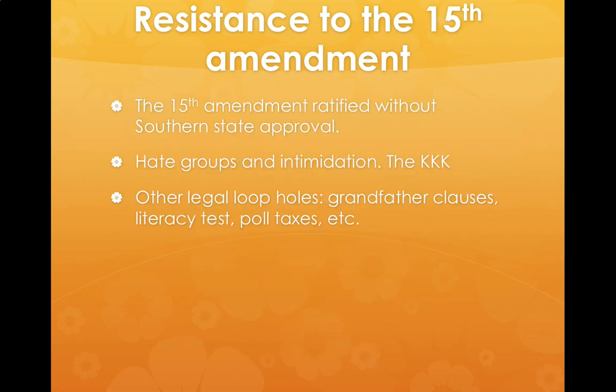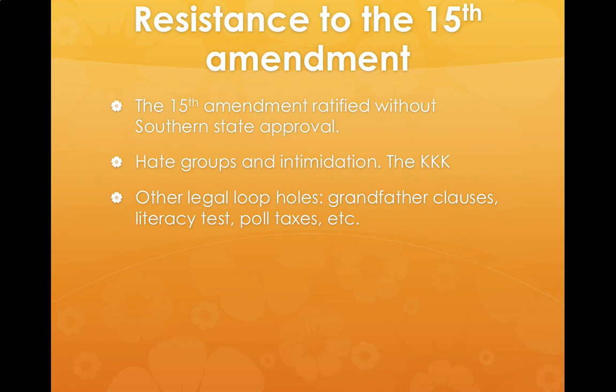So the 15th Amendment was supposed to allow any race to vote, but it still was not popular amongst white people in the South. It was ratified without any Southern states approving of this constitutional amendment, and so when it goes into effect and they rejoin the Union during Reconstruction following the Civil War, there's a large degree of backlash.